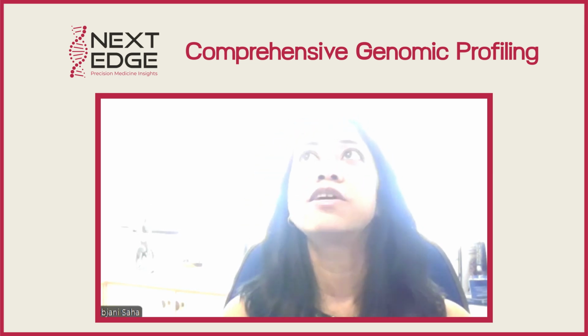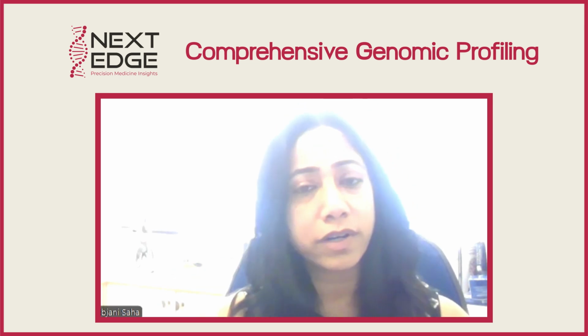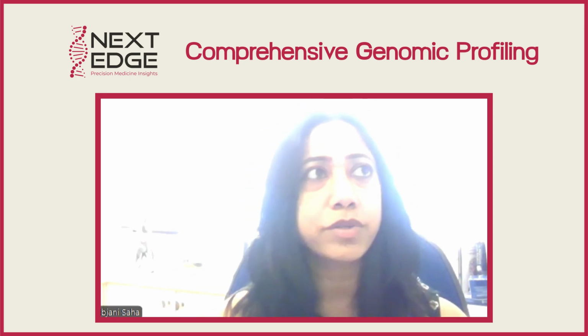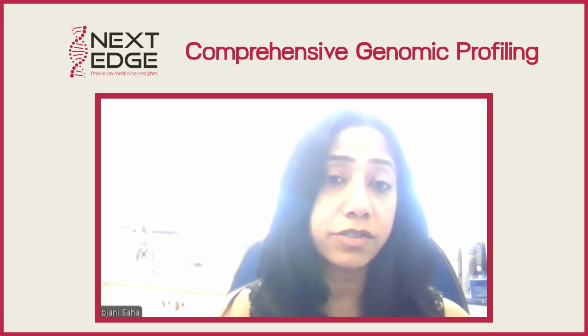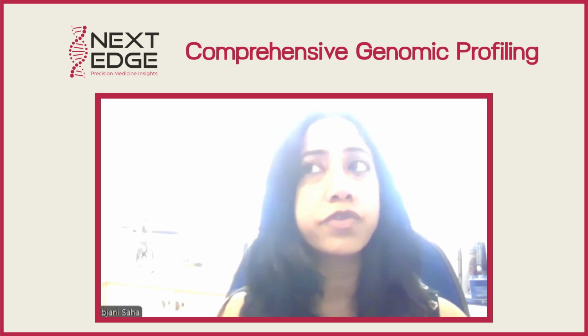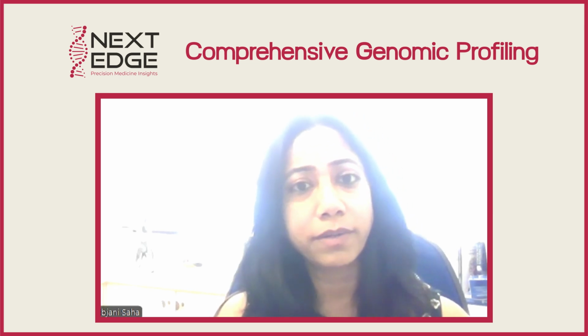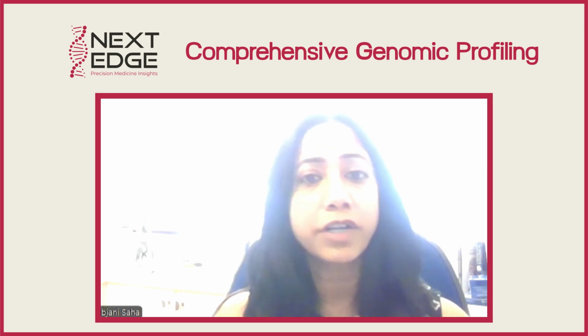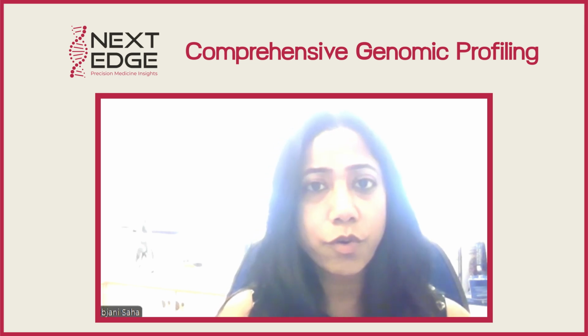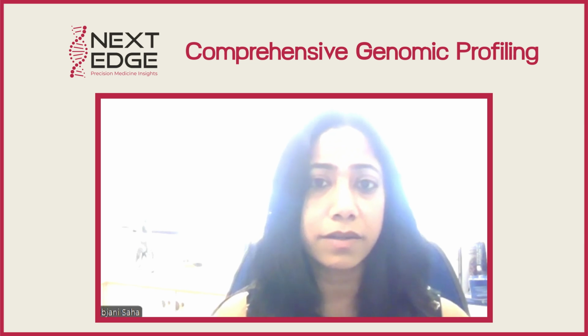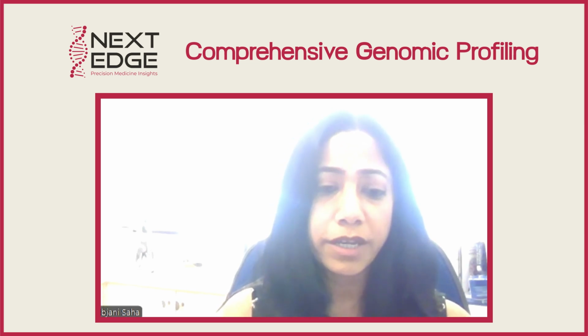Now, a lot of panels also include gene expression as a component of comprehensive genomic profiling, because especially for gene rearrangements, if it's expressed, this would give an idea about the functional component of the otherwise stable gene, right?